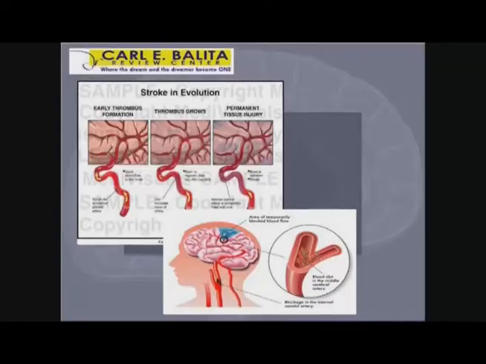Yun ang ating pinaka-problem. Take note of the keyword, temporary loss of blood supply to the brain. So therefore, when we talk about TIA, this is usually a reversible type of stroke. Okay? So pag sinabi nating reversible, pwede siyang bumalik pa yung kanyang functioning.